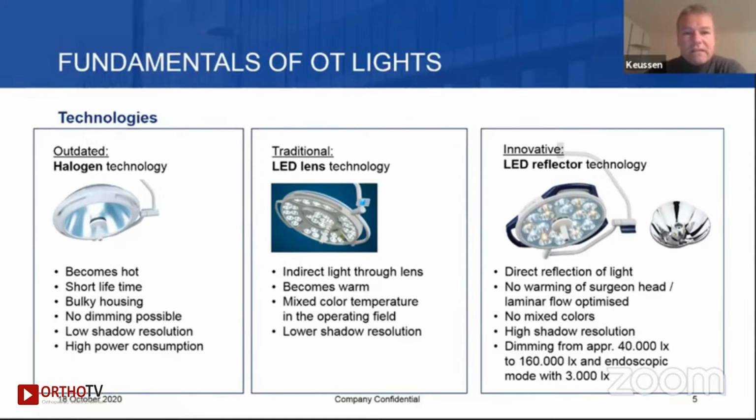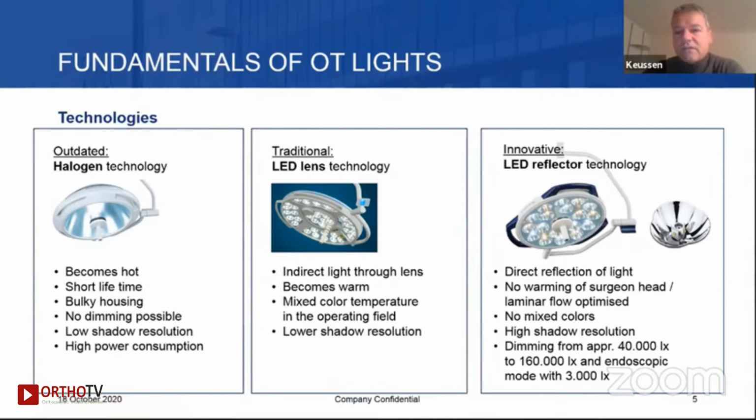And due to the fact that the lens is not always absolutely pure, it also has a kind of mixed color temperature in the operating field. So you can see some shades of a little bit warmer white, colder white, and even some reddish or greenish in the operating field. And all in all, also due to the construction of the light itself, it has a lower shadow resolution, as said before in the previous slide.